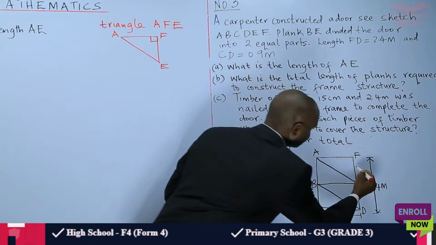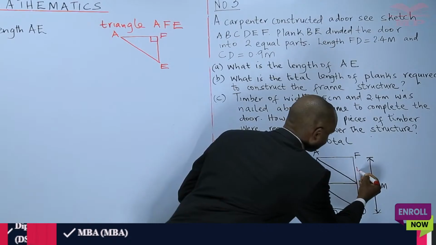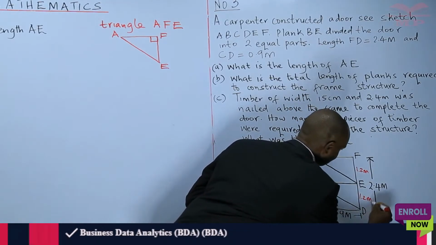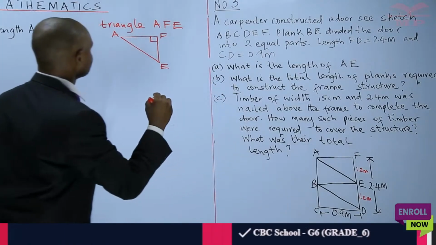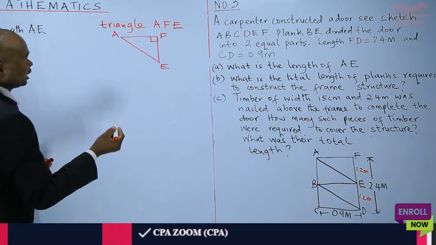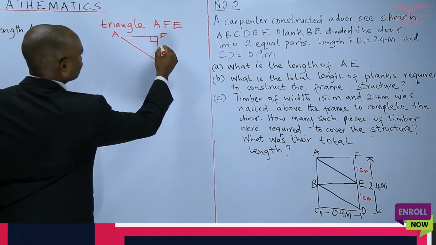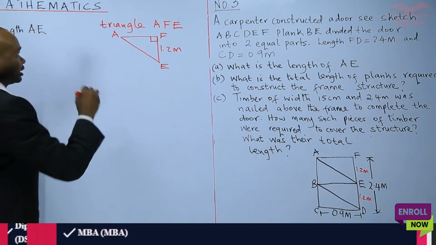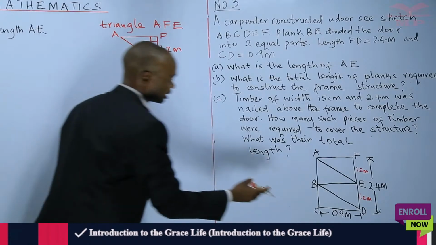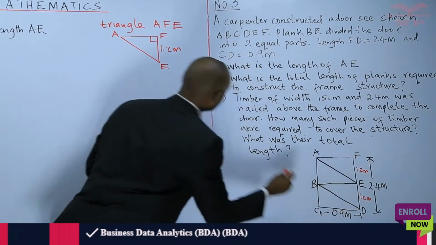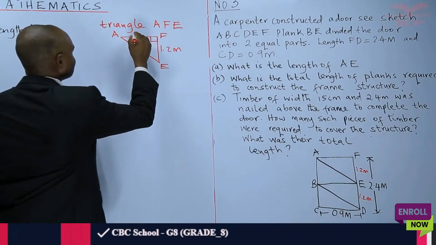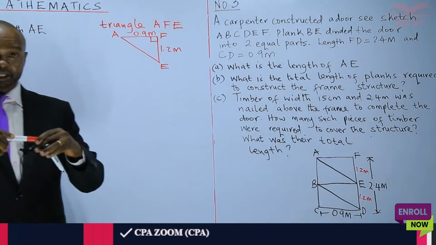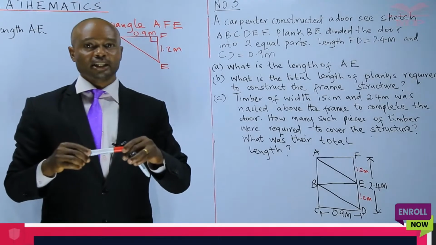So FE will be 1.2 meters and this one will be 1.2 meters. So from that extract, FE will be 1.2 meters, and AF, which will be equal also to CD, will be 0.9 meters. So I've extracted my right-angled triangle.